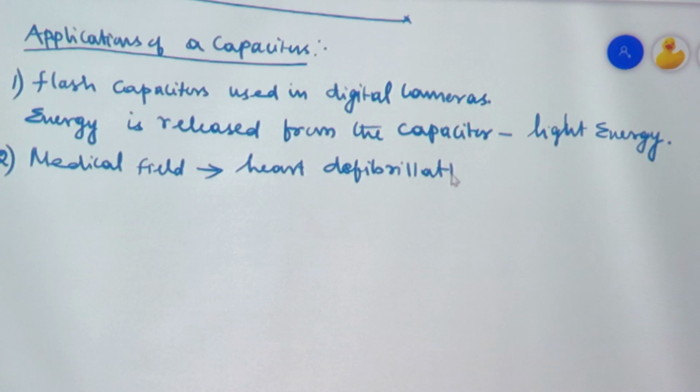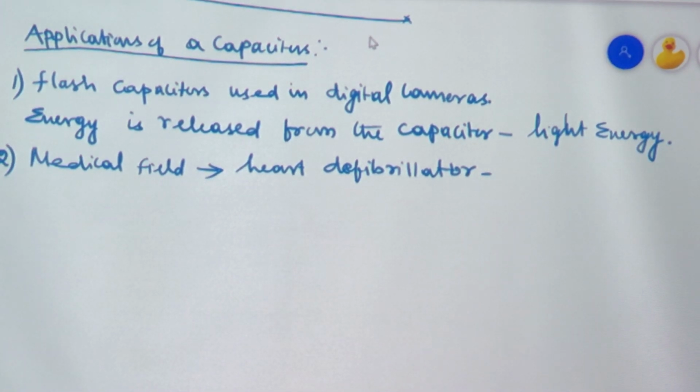What do you mean by this? The heart defibrillator is used to give a sudden shock with the help of a large amount of electrical energy to a heart patient so that the heart can be made to work again.